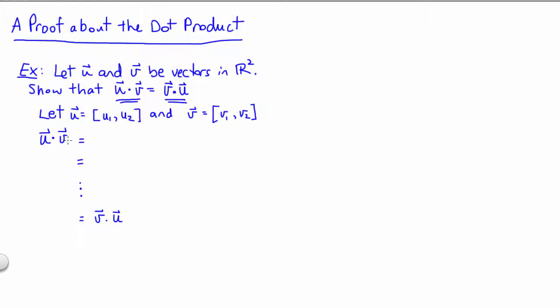u dot v is equal to, well, by definition of the dot product, we are multiplying the first components of the two vectors, so u1 times v1, and we're adding that to the product of the second components. So u dot v is equal to u1 v1 plus u2 v2.